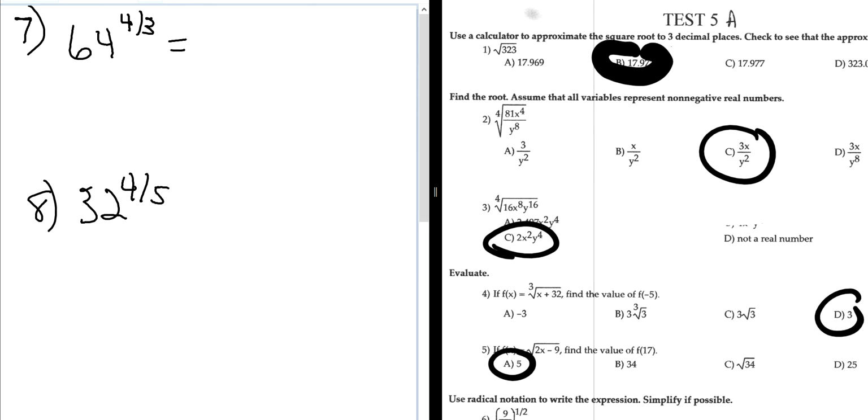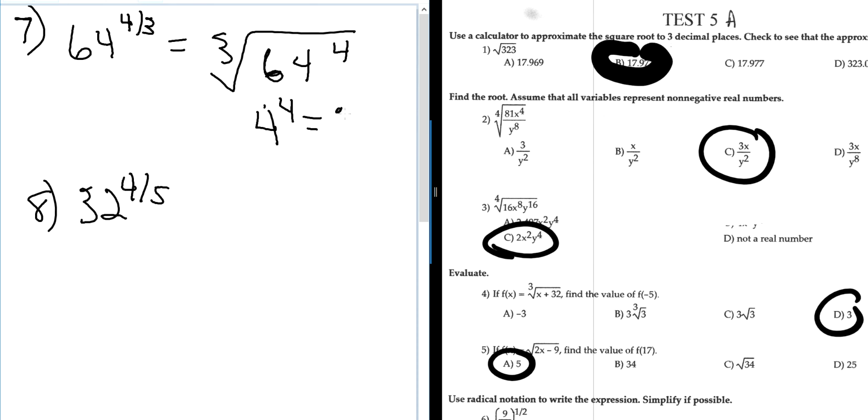Let's try 7. When I rewrite into the radical notation, it's going to be the cube root of 64 raised to the 4th power. So the cube root of 64 is 4, and 4 to the 4th power is 256.